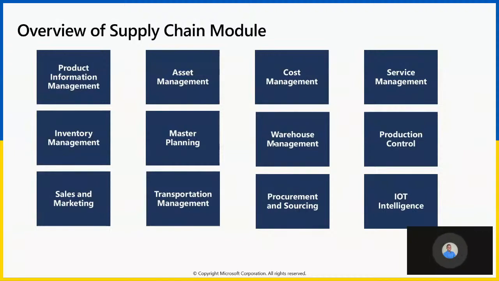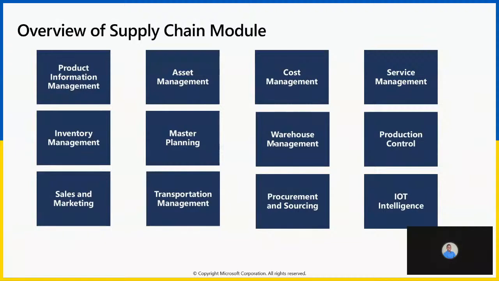When I talk about supply chain management, we're talking about products, how we create them, how we manage them in the inventory in our warehouses, on the site, and how we can produce them if we are a company that deals with manufacturing, and how we can sell them to our customers. So in the product information management module, we are able to design our product.